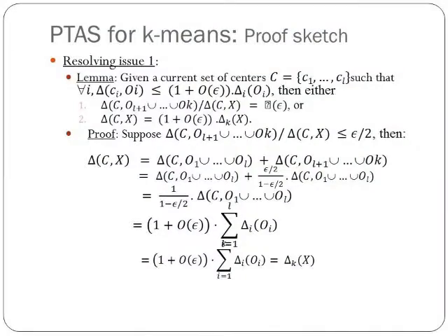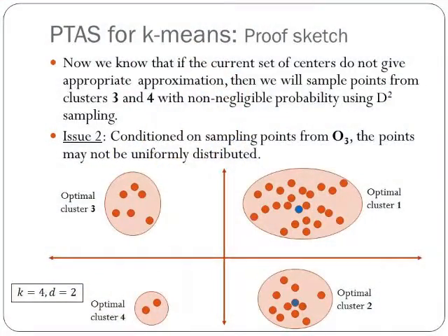Either the probability of picking a point from an uncovered cluster is not too small, or you already have the desired 1 plus epsilon approximation, so you do not need to pick any further points. Picking further points is not going to hurt you, so you may as well pick those points. So either you get a 1 plus epsilon approximation and you're done, or with omega epsilon probability, you pick a point from one of the uncovered clusters.